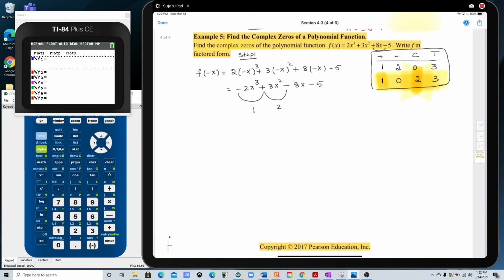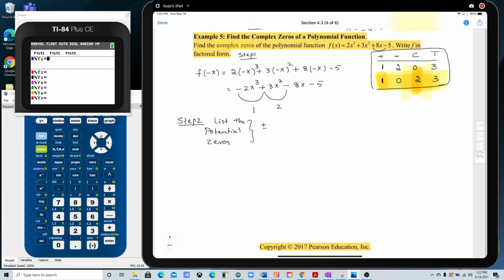Okay, for step number 2, list the potential zeros, which is the factors of the leading coefficient over the factors of the constant term.